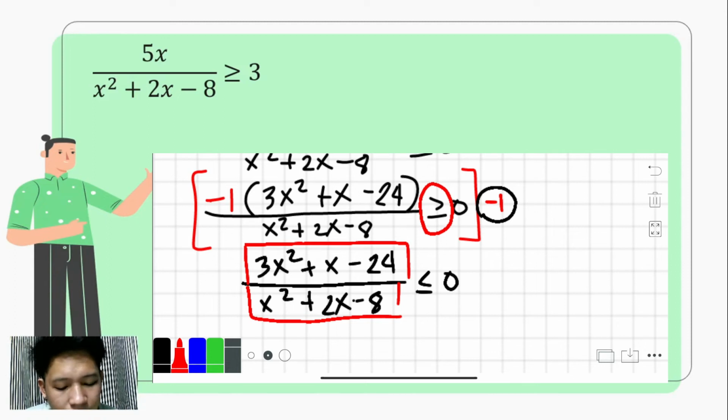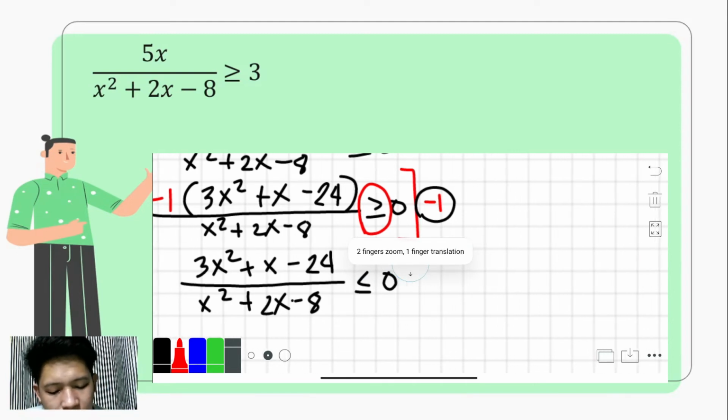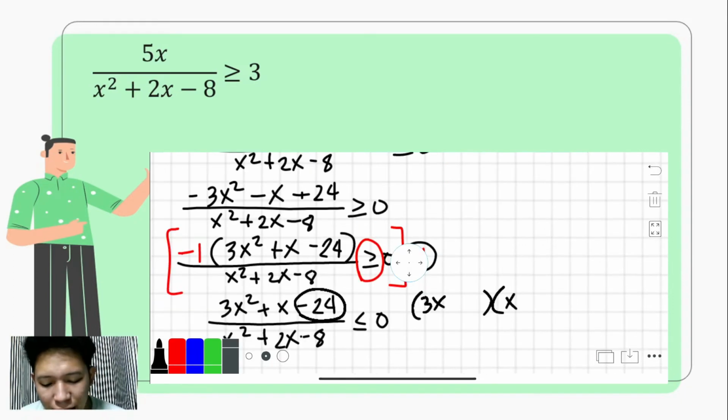So, ano po yung magiging factors ni 3x squared plus x minus 24? So, yung magiging factors niya po would be isa ay 3x, yung isa ay x.